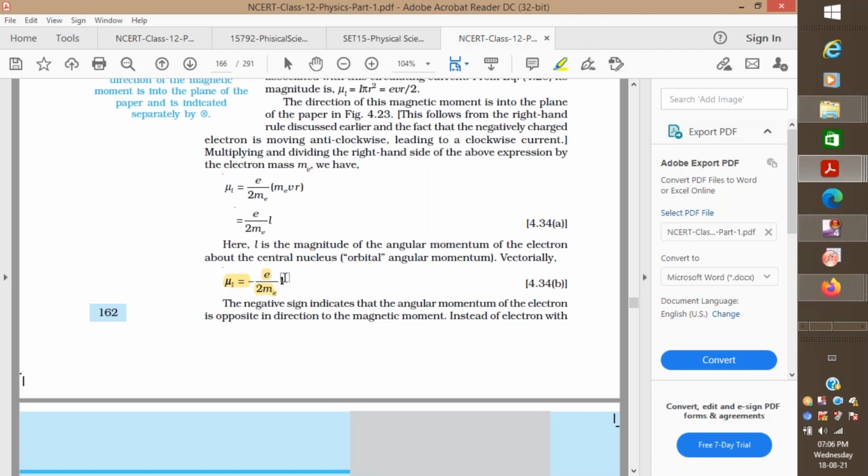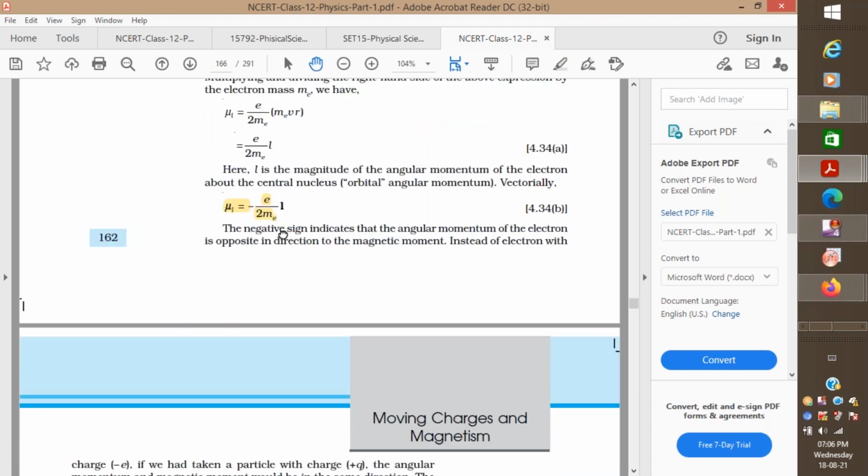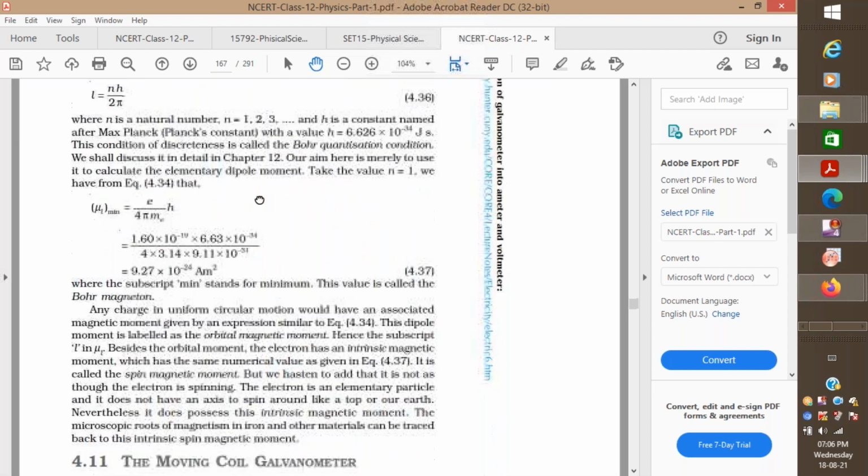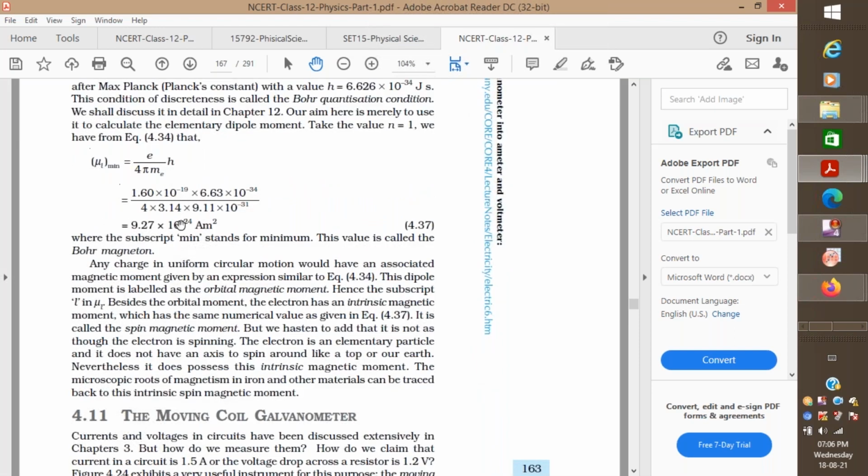Since it is an electron, the angular momentum and magnetic dipole moment are oppositely directed, that's why the minus sign is there. This is the fundamental unit of the magnetic moment, called the Bohr magneton. I'll stop here.